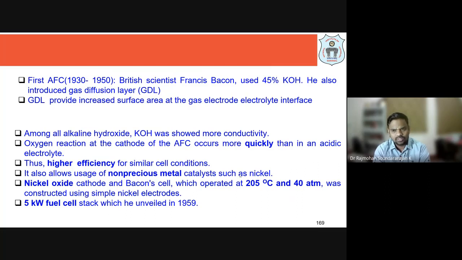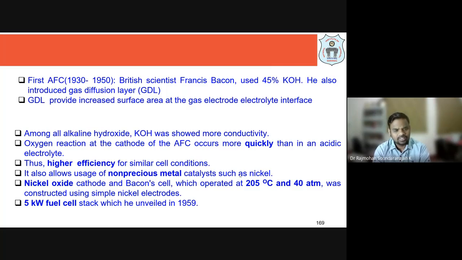He used 45% potassium hydroxide. He also introduced the gas diffusion layer concept into these fuel cells. So what is a gas diffusion layer? It will provide an increased surface area at the gas electrode electrolyte interface. And remember, among the different alkaline hydroxides, we preferred KOH because it showed more conductivity.